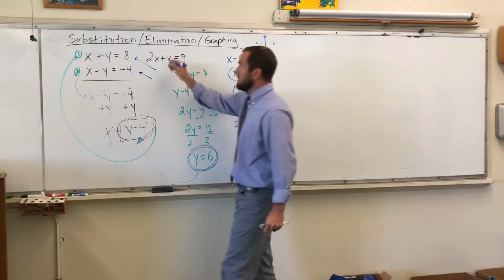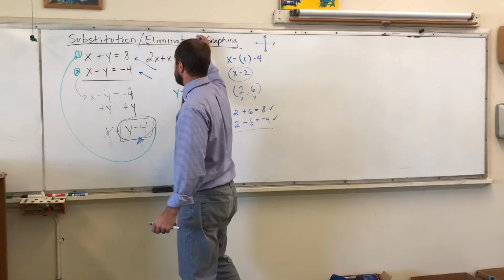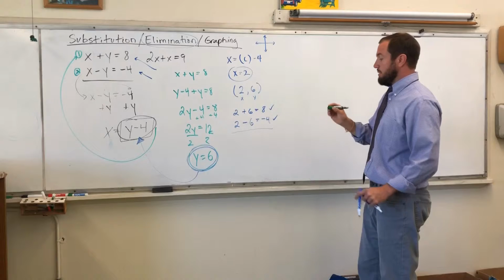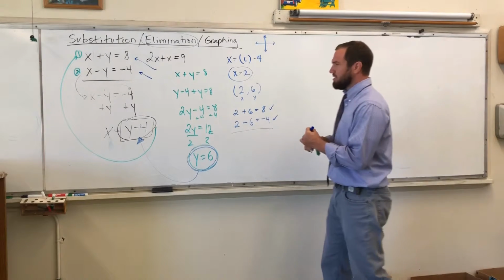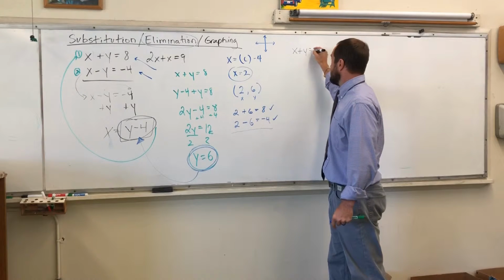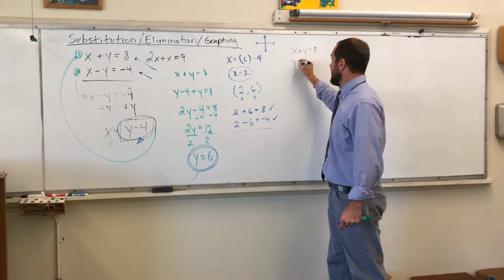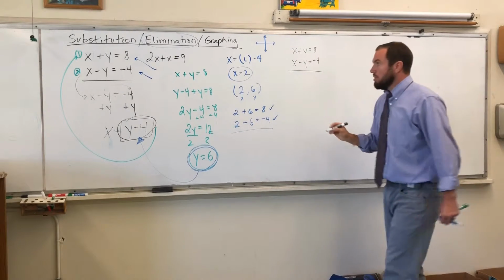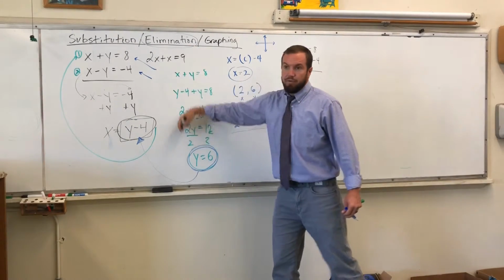Now let's use the same system, but let's use a different method here, but with the same goal in mind. So you have x plus y is equal to 8, and you have x minus y is equal to negative 4. Same system. What was our goal when we worked substitution?